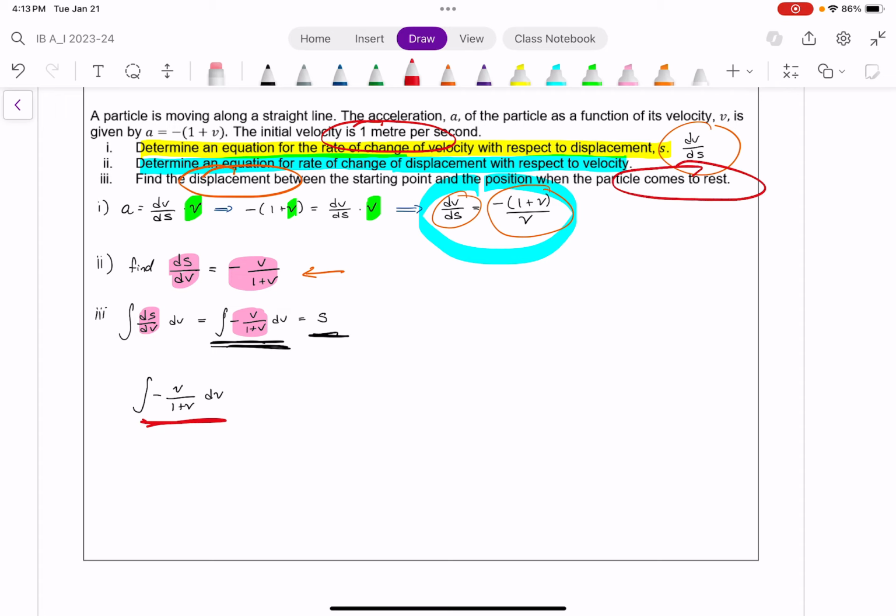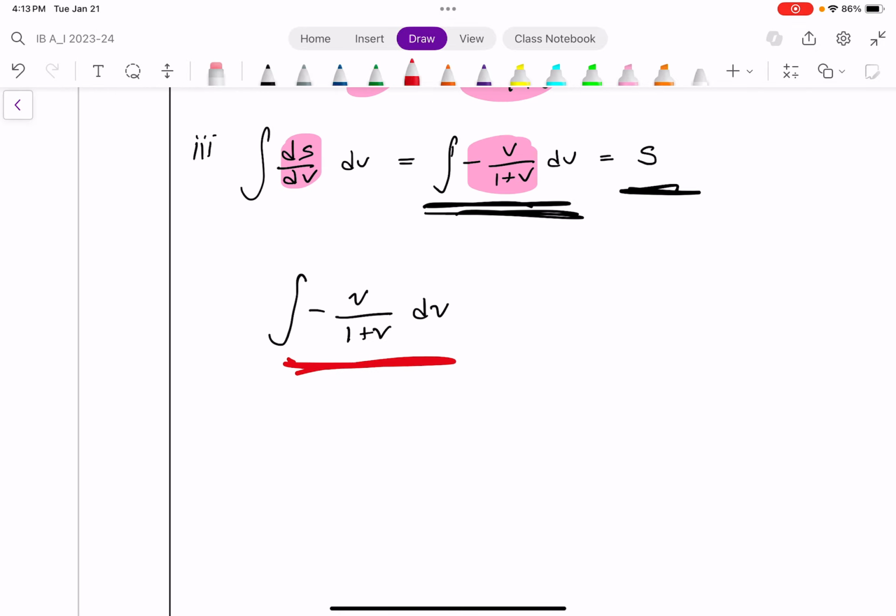When it comes to a rest, the velocity is 0, which means I want to integrate starting at 1 down to 0. I can make this a definite integral if I put a 1 at the bottom and a 0 at the top, because then we are starting at 1 and going down to 0. And this I know will be the same as the initial position minus the position when the velocity is 1. That's what we're trying to find.